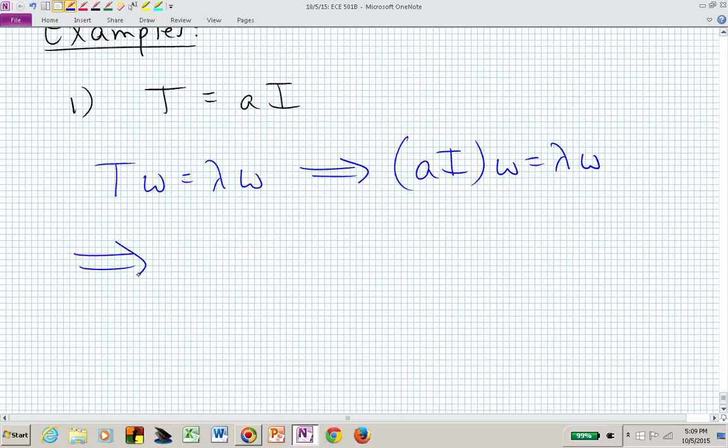But that identity matrix can basically collapse away or become absorbed, and that last equation now says that we have AW is equal to lambda W. Does that tell us anything about our eigenvalue?